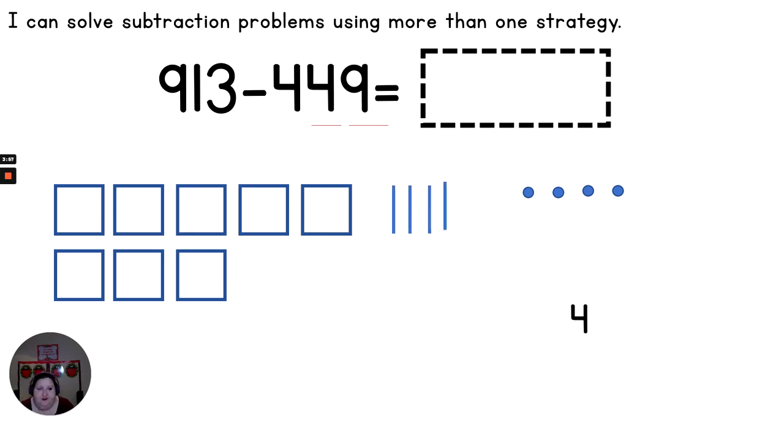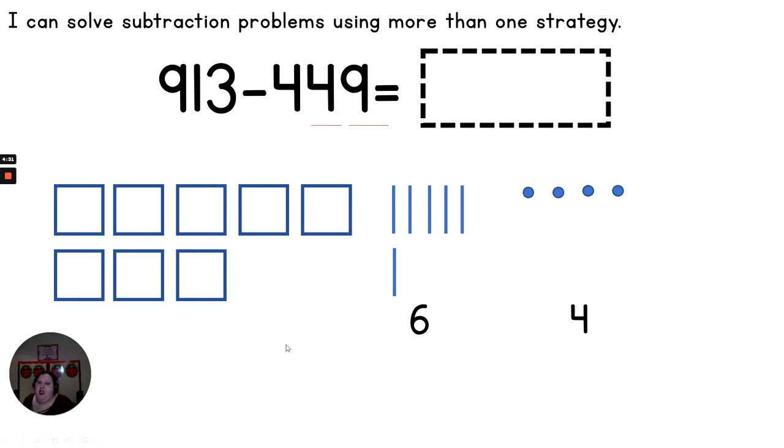That was 30, 40, 50, 60, 70, 80, 90, 100. Now let's take away 40. 10, 20, 30, 40. So what do we have left? I say 6 tens. 6 tens is 60. So we're going to put a 6 in the tens place.